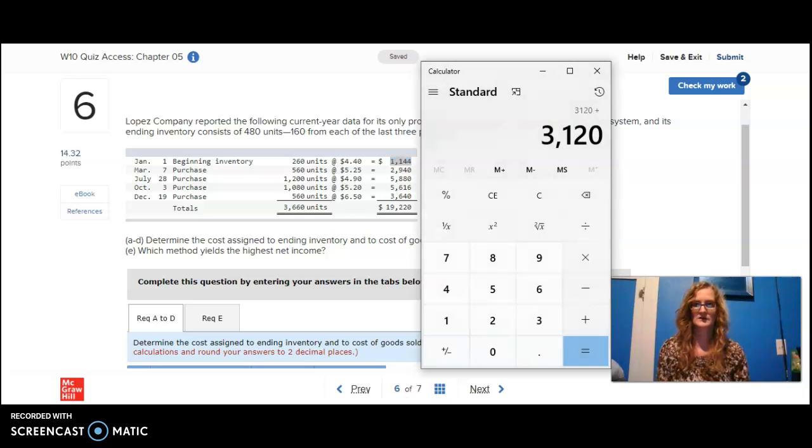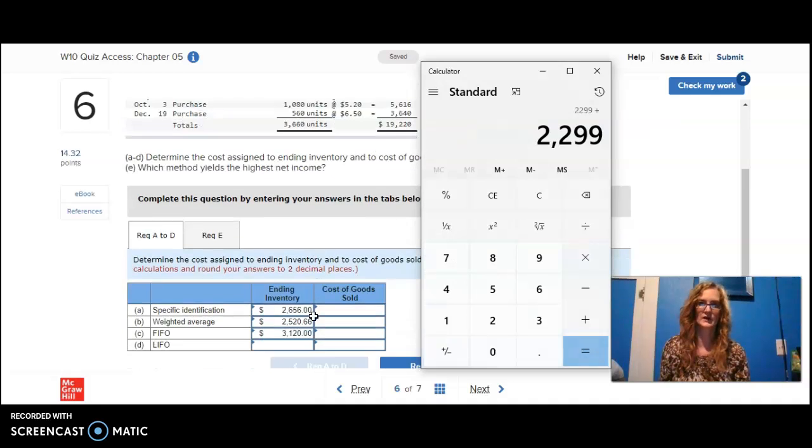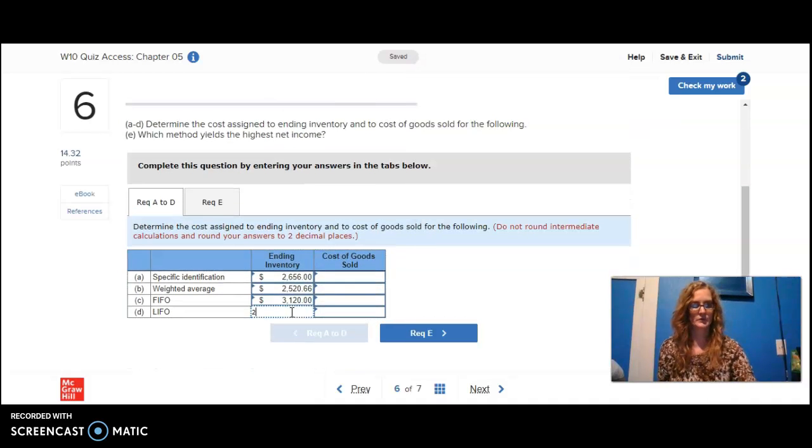And then we need 480 units minus the 260 that we're taking out, so 220 units at the price of $5.25. That gives us $11.55, added to the other cost of $11.44, which brings our ending inventory total to $22.99. So I'm going to put that right there.